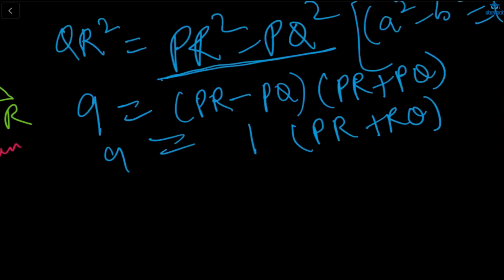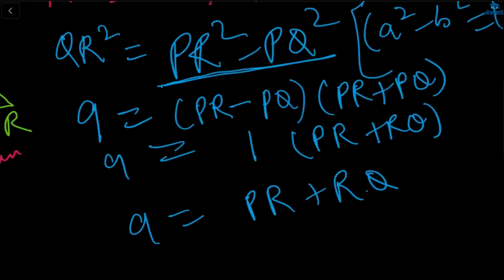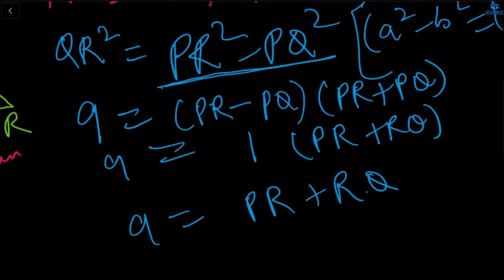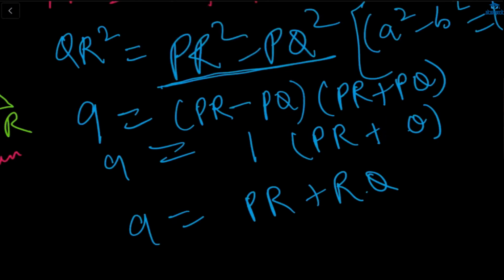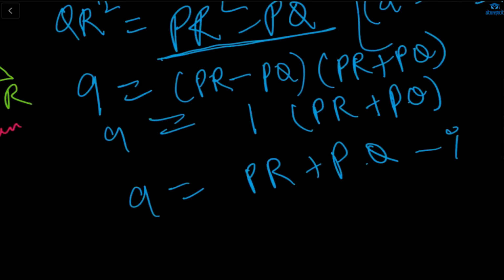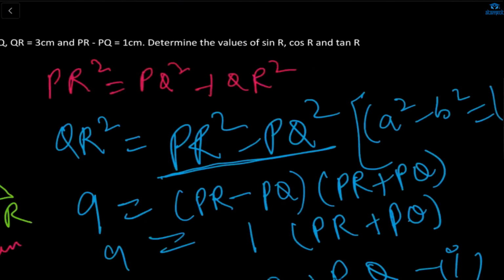So 9 is equal to PR plus PQ. Now we know this is one of the equations: PR plus PQ is equal to 9. And one equation we are already given.